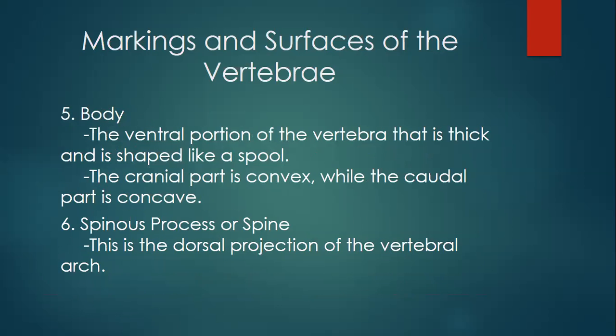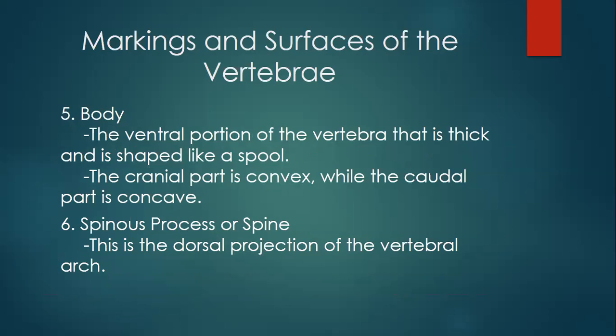Then we have the body. This is the ventral portion of the vertebra that is thick and shaped like a spool. The cranial part, the one facing the head, is convex, while the one facing the tail is concave.